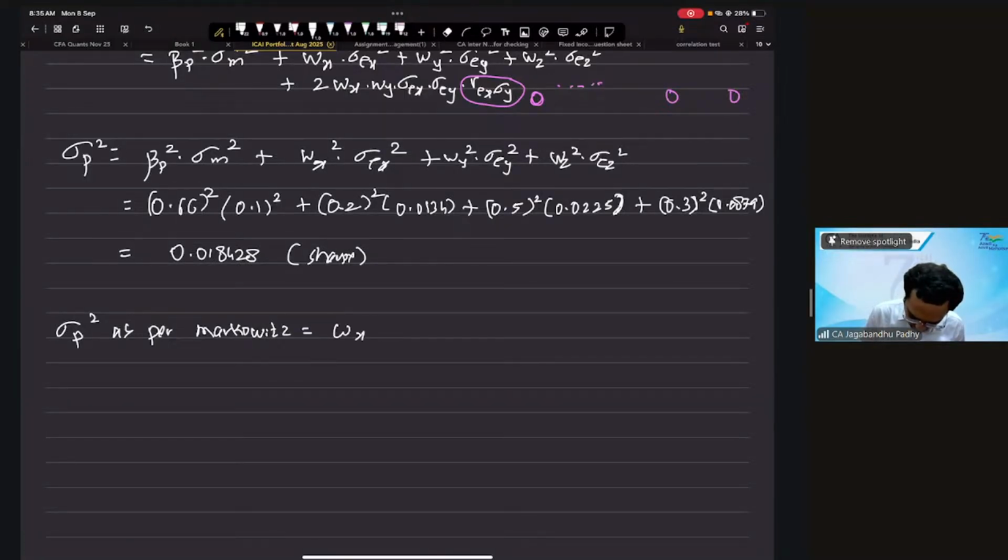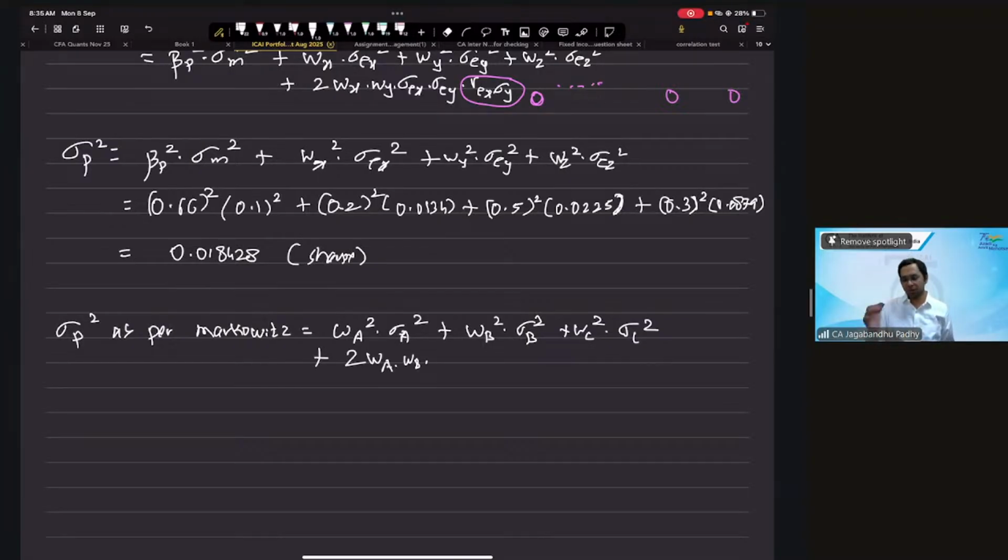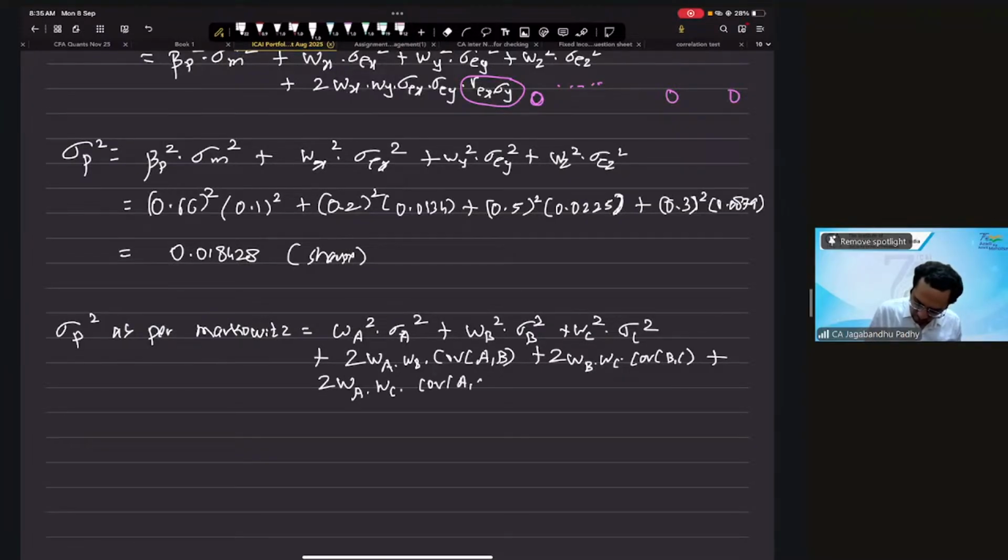This is weight of A square into standard deviation of A square, plus weight of B square into standard deviation of B square, plus weight of C square into standard deviation of C square, plus 2 into weight of A, weight of B into standard deviation of A, standard deviation of B into correlation, or you can also say this is covariance between A and B, plus 2 into weight of B, weight of C into covariance between B and C, plus 2 into weight of A, weight of C, covariance between A and C.